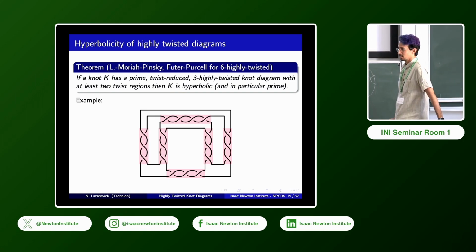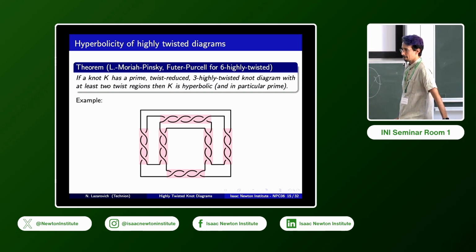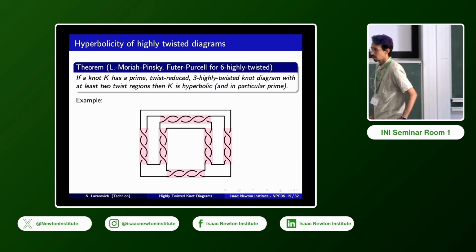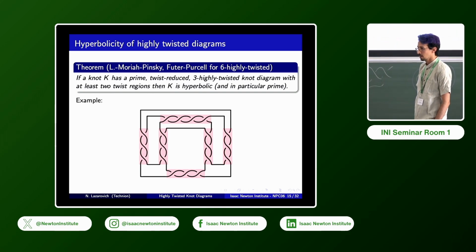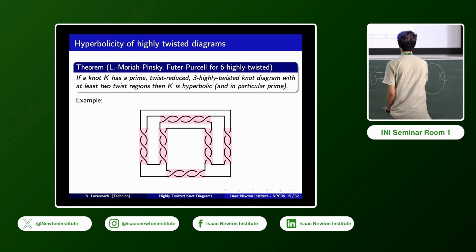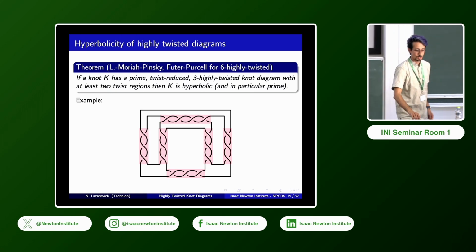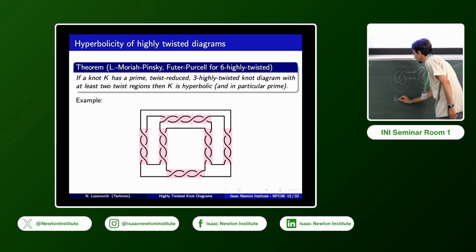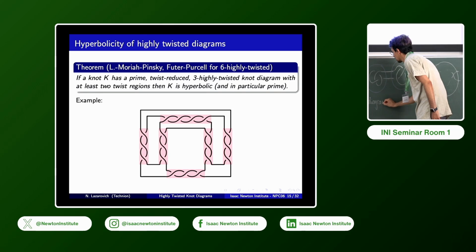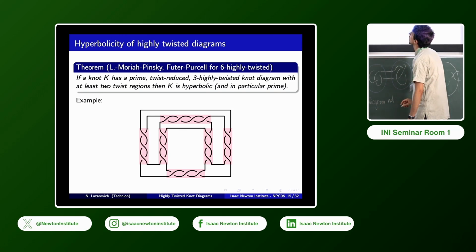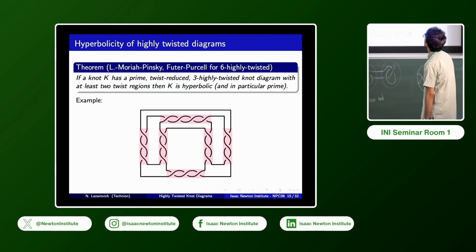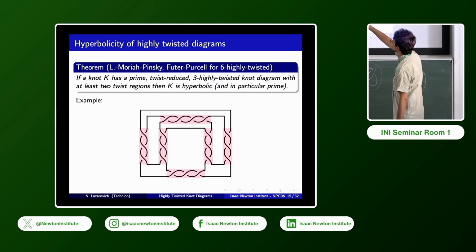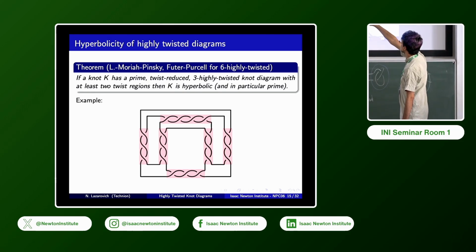I understood that maybe to be prime for a diagram, but not for a knot. Sorry? What's the definition of prime? The diagram is prime if it satisfies this condition. This is not, the diagram is not prime. But then you said that K, in particular, if a knot K has a prime, twist reduced, 3 highly twisted knot diagram, those are all adjectives that describe the diagram.